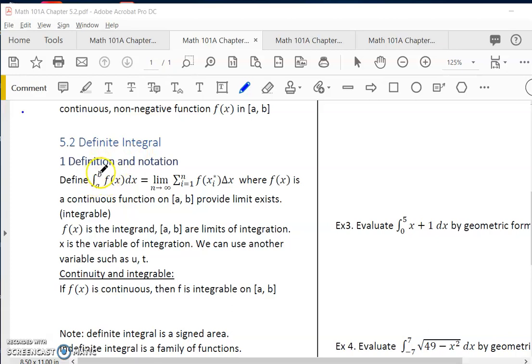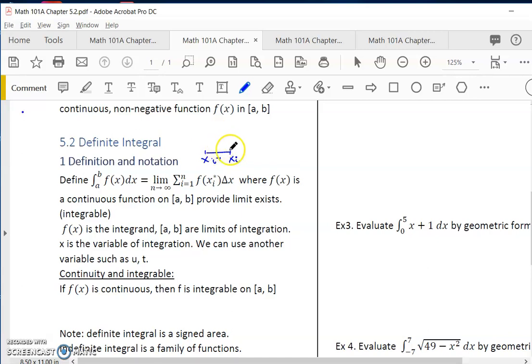So what is a definite integral? We write the integral sign, and the boundaries of the area are a to b. We write the integral from a to b of f of x dx. This equals the limit as n approaches infinity of the sum from i equals 1 to n of f of x sub i star, in that partition between x sub i minus 1 and x sub i.